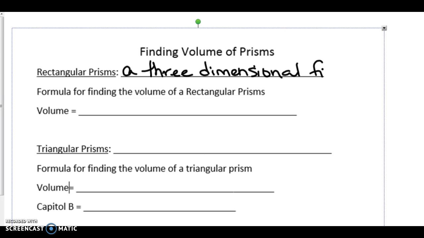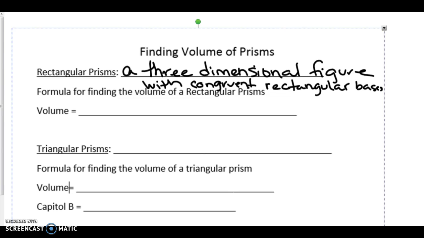So a rectangular prism is a three-dimensional figure with congruent rectangular bases. Okay, meaning like on top and bottom they've got congruent rectangles.